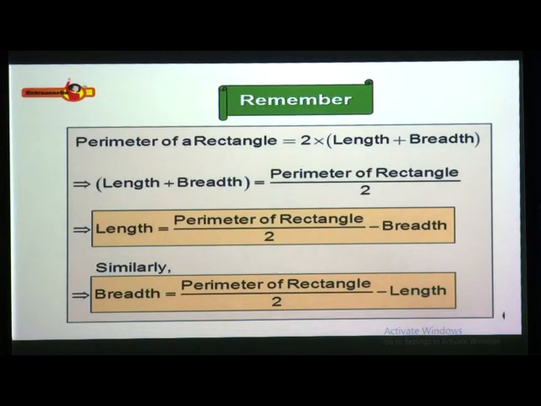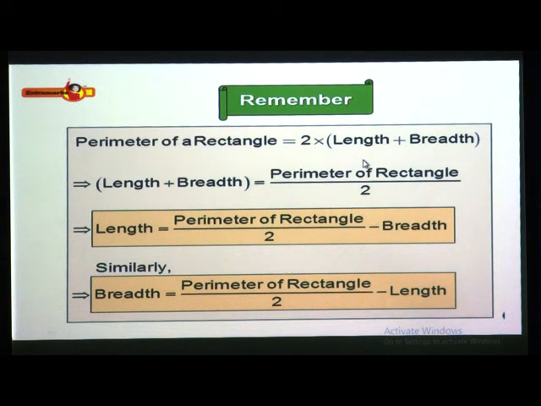Now, we have to remember this, the perimeter of a rectangle is equal to 2 into length plus breadth. We got this formula? Yes? As we know, we have the formula 2 into length plus breadth. Length plus breadth is equal to the perimeter of the rectangle by 2.